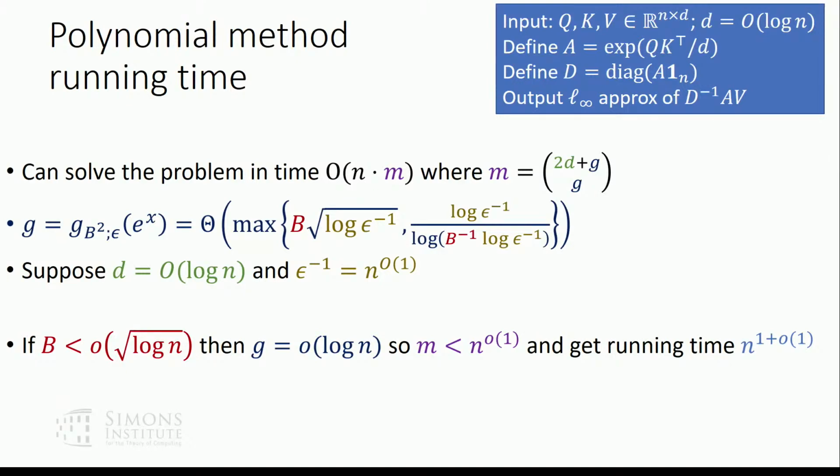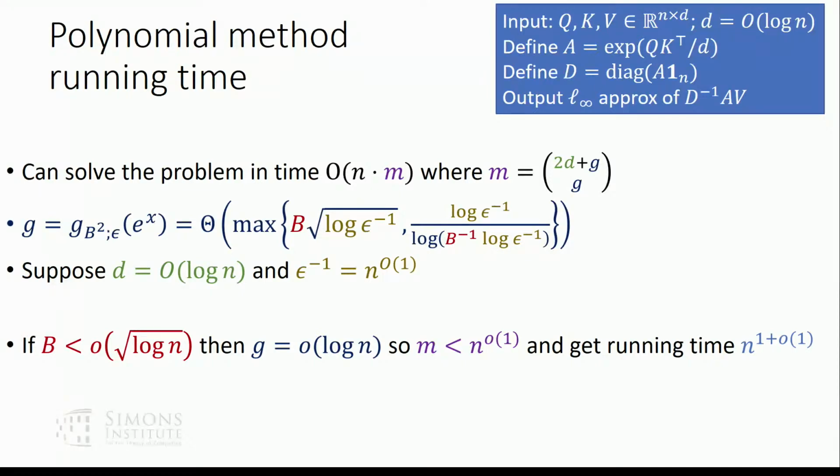Oh, I think there's supposed to be a 2 here. But anyway, both of the terms are small o of log n. So the degree G is small o of log n. So m is like log n choose small o of log n, which is n to the little o of 1. And you get a final running time that's indeed n to the 1 plus little o of 1 time.